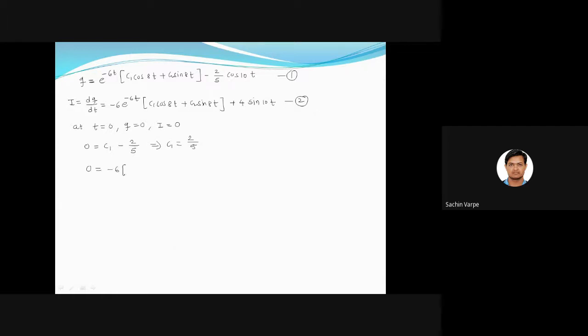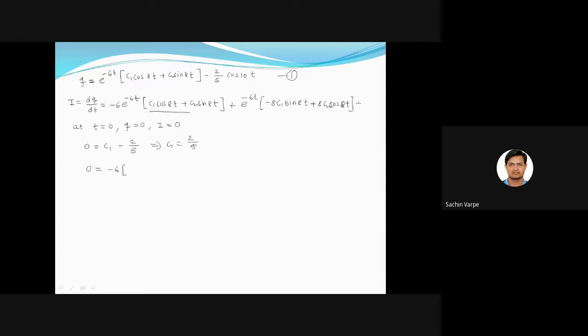Minus 6 into, oh sorry, here I forgot to take the derivative, right? Just a minute. This is the wrong expression I've written here. The product rule says derivative of u into v plus u, that is e raised to minus 6t, into the derivative of v, that is minus 8 c1 sin 8t plus 8 c2 cos 8t, right?